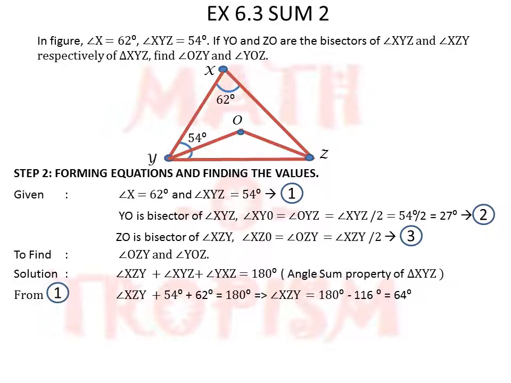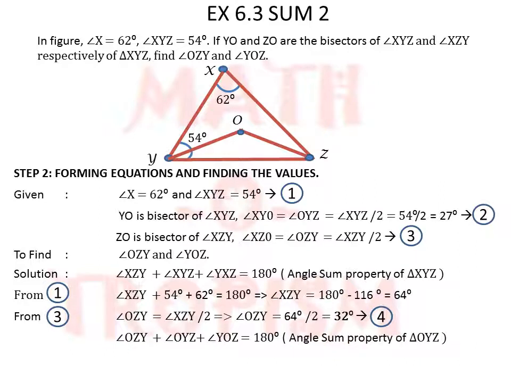We get angle XZY plus 54 degree plus 62 degree is 180 degree, which implies that angle XZY is equal to 180 minus 116 degree, which is equal to 64 degree. So this is the total angle XZY. So what will be angle OZY? It is half of that. So that comes to 64 by 2, which is equal to 32 degree from equation 3. Let us keep this as equation 4.